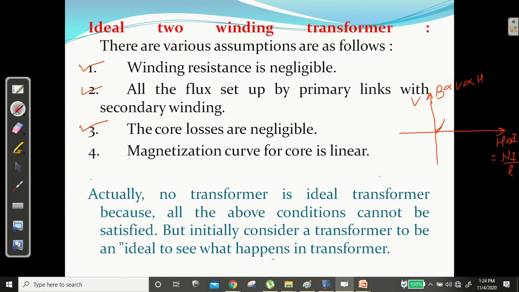So the curve is like that. After some time, if you increase I, H will increase, so B will be saturated; the core will be saturated. It is not like this. Clear? It is a horizontal line, reaching a maximum value. The condition says this will not happen. The BH curve should be linear. There should not be any saturation. It is like that.